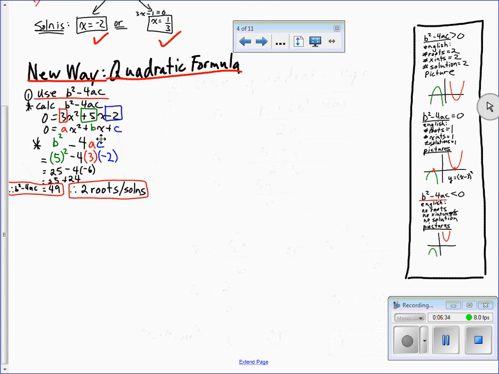So we go b squared minus 4ac. Then we substitute 5 squared minus 4 times 3 times negative 2. And then we solve. And when we get our answer, you'll notice I end up with b squared minus 4ac is 49. So that means, based on our chart over here, if b squared minus 4ac is greater than 0, then I could say there are 2 roots, 2 solutions, or 2 x-intercepts.